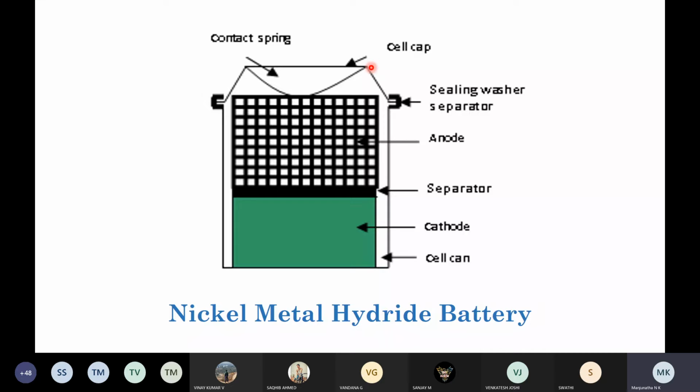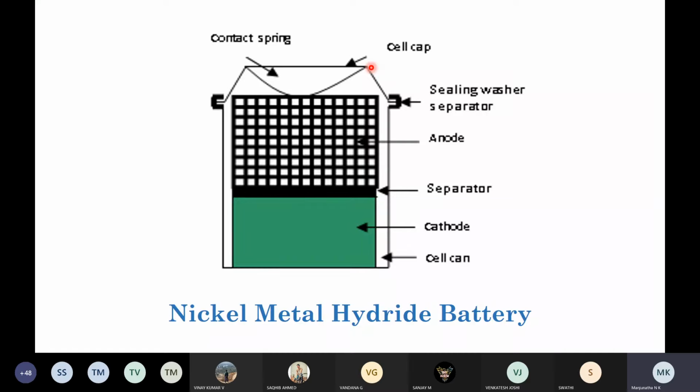Yes, sir. Which is the anode in the nickel metal hydride battery? Anode is metal hydride with hydrogen storage alloy. Cathode is nickel oxyhydroxide. Separator is polypropylene. Electrolyte is potassium hydroxide, KOH. Is it clear?